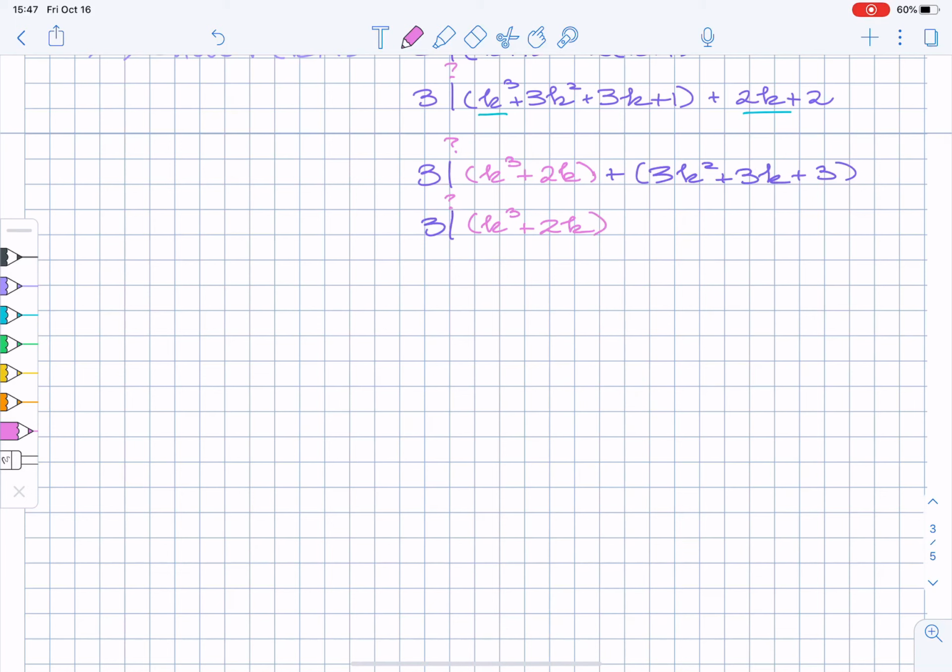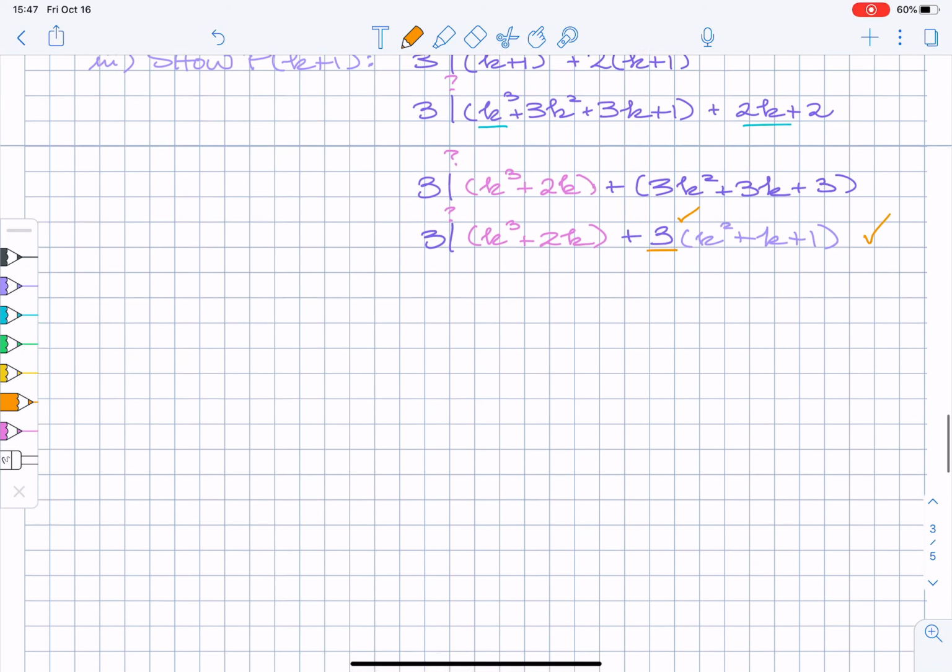But what's interesting about the other term is I can factor out a 3. What remains will be k squared plus k plus 1. It doesn't matter what remains. It's because of this 3 that it divides both terms. So yes, it does, check mark, because we know that it divides the pink part by assumption.